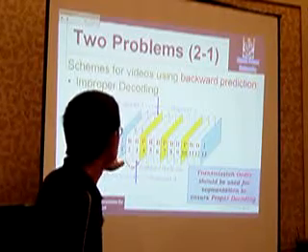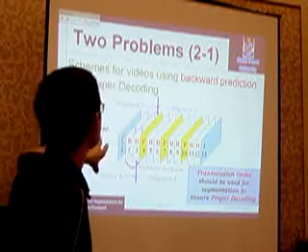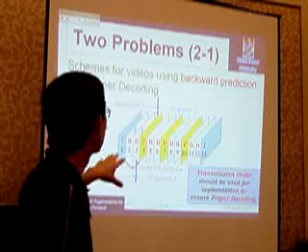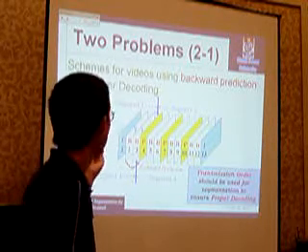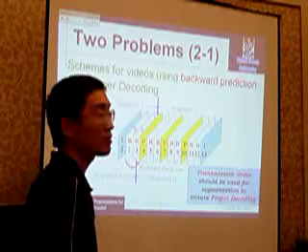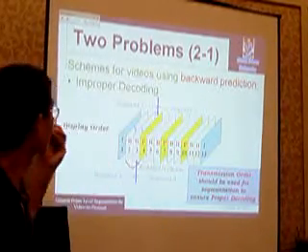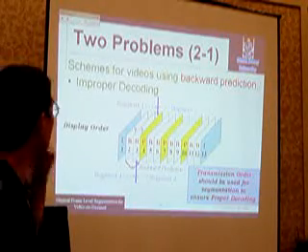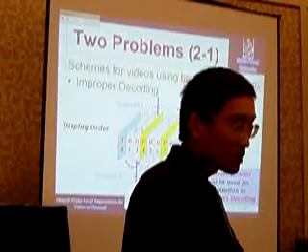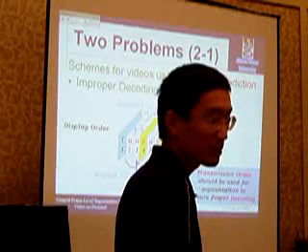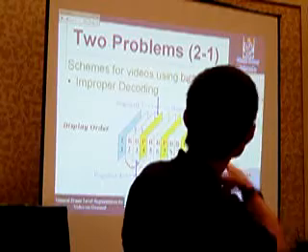The first, second, and third frames are in the first segment. If we want to decode the second and the third frame, there is not enough information for us to decode them, because we need the information of the fourth frame.